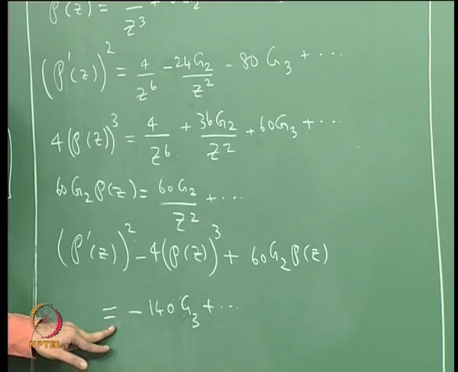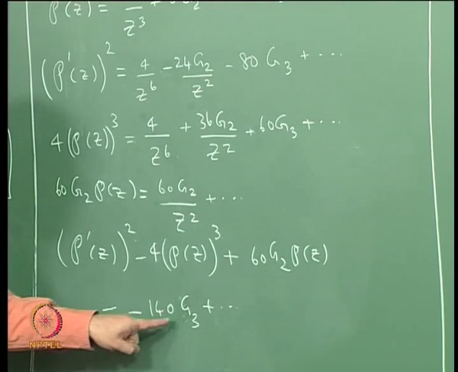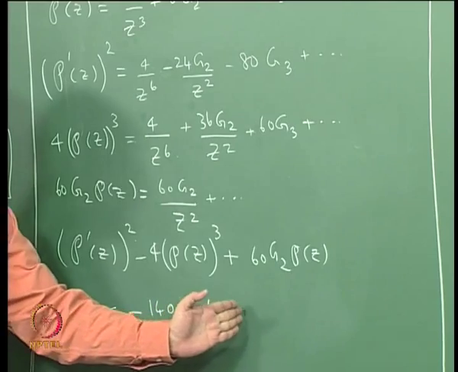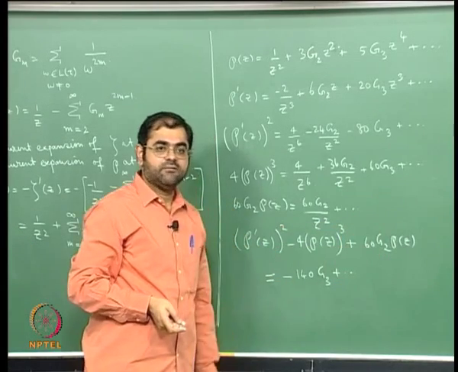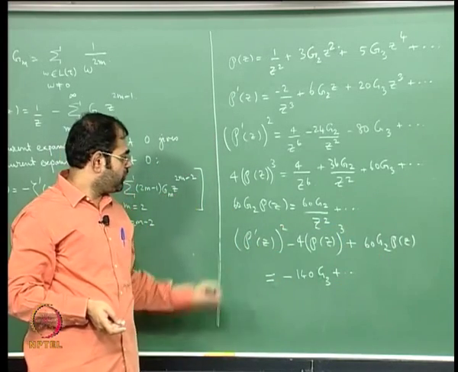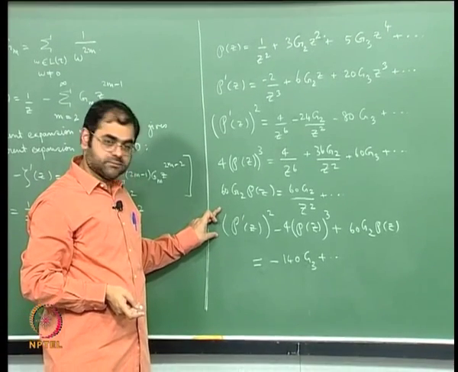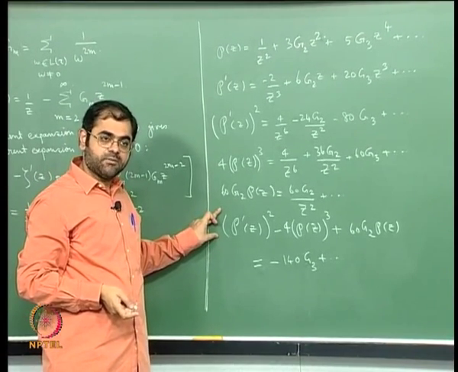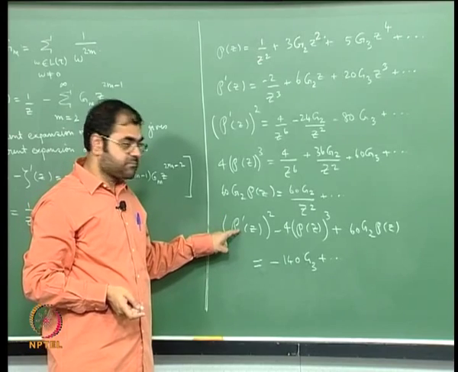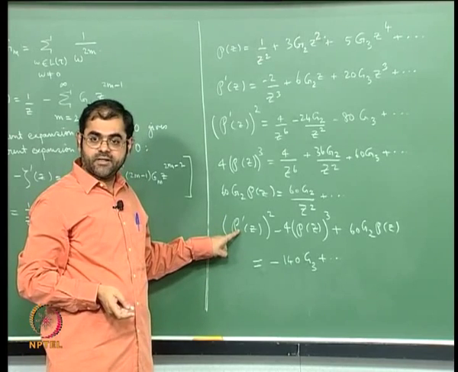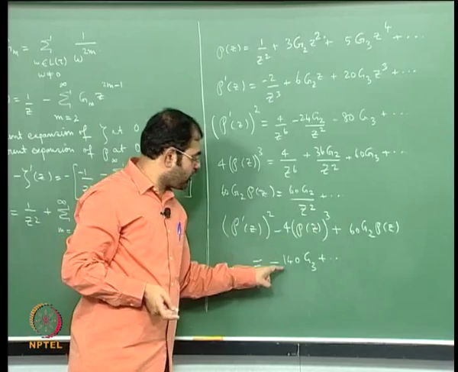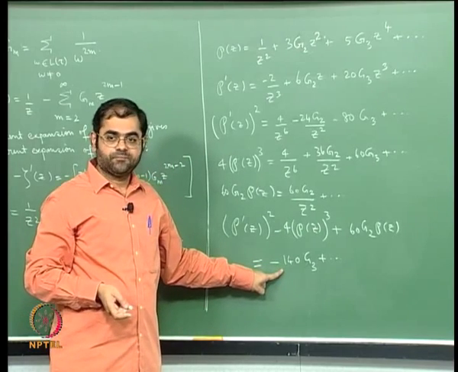The right side is holomorphic. The right side is minus 140 g3 plus some power series involving even powers of z. So what you have got is a doubly periodic function, because p is doubly periodic with periods 1 and tau, and that is equal to a holomorphic function.